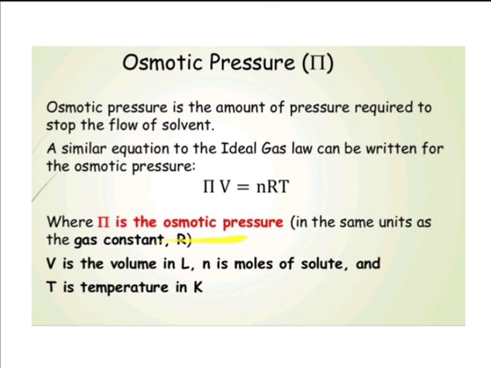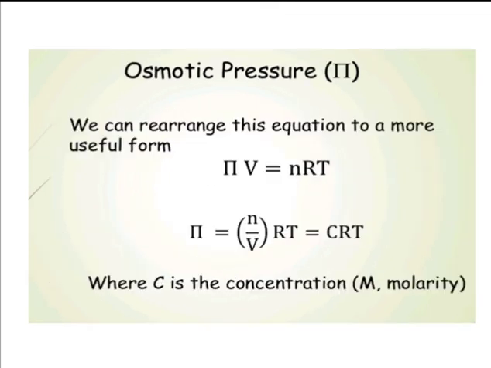Here pi is the osmotic pressure, R is the molar gas constant, n is the number of moles, V is the volume in liters, and T is the temperature in Kelvin. We want only pi, so pi is equal to n upon V times RT. n by V can be written as a concentration C, the number of moles divided by volume.